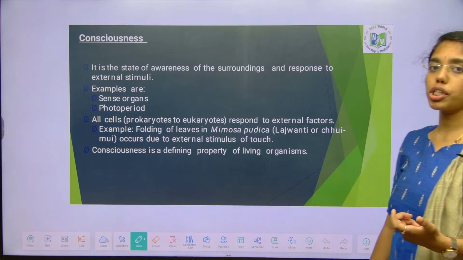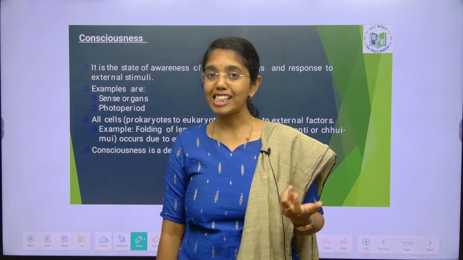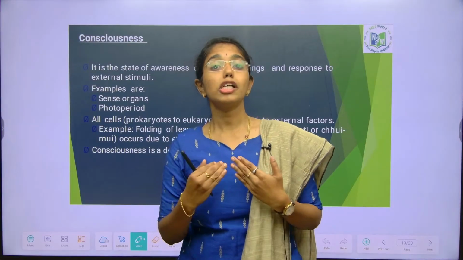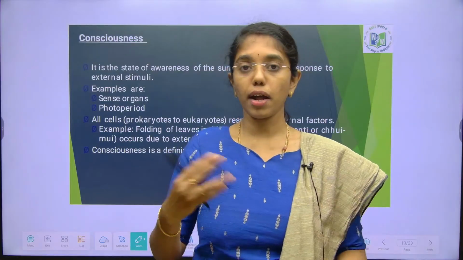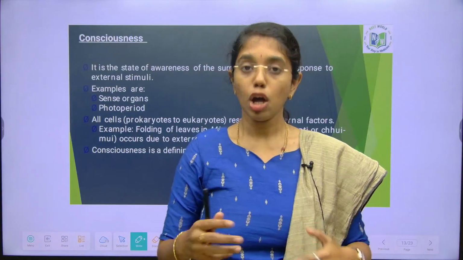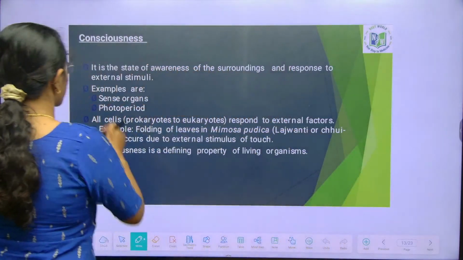And next is consciousness. Consciousness is also addressed as irritability or sensitivity, which is nothing but response to external stimuli. Any living organism, be it unicellular or multicellular, any living cell will respond to the external stimuli. That is known as what? Consciousness.